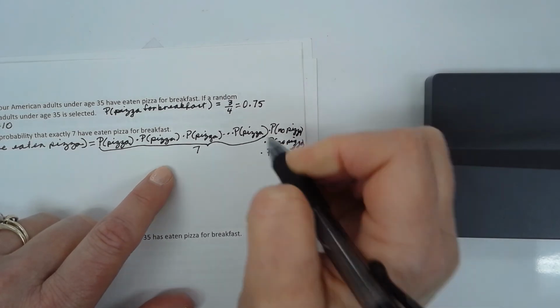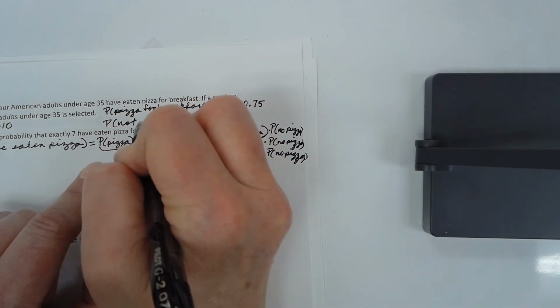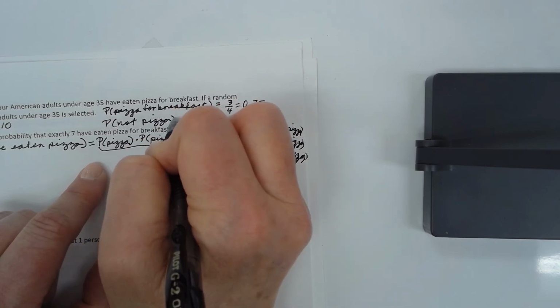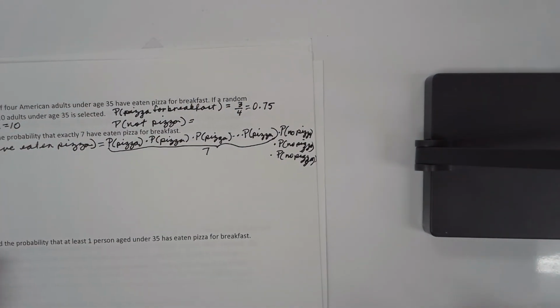Okay, so what's the probability then of not eating pizza for breakfast? What is it?